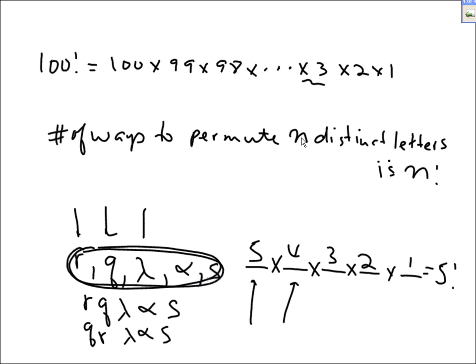R and Q and lambda and alpha and S, they're all different. Well, what if they're not the same? What if I have the letters A, B, A, C?